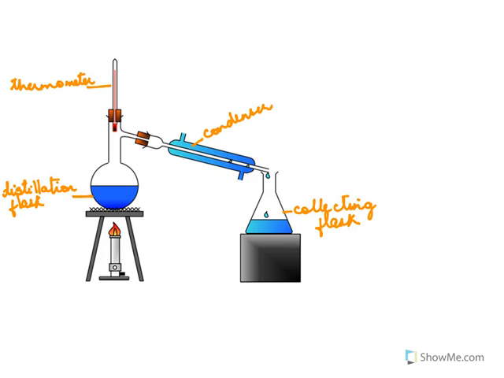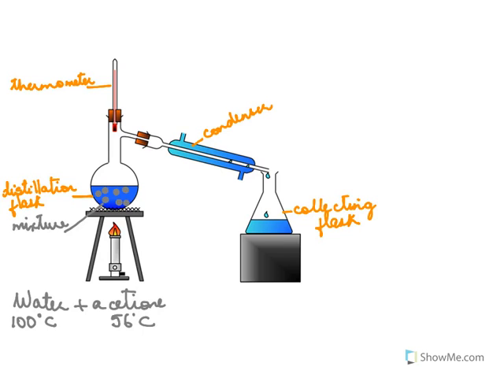Here we have a mixture of water plus acetone that we need to separate. Water boils at 100 degrees Celsius and acetone at 56 degrees Celsius.